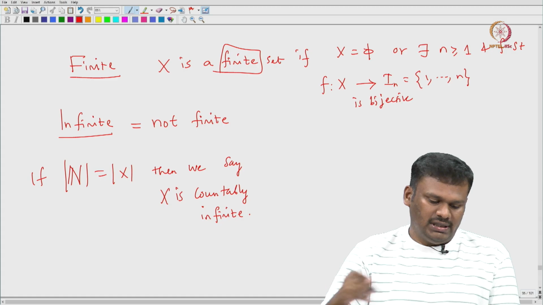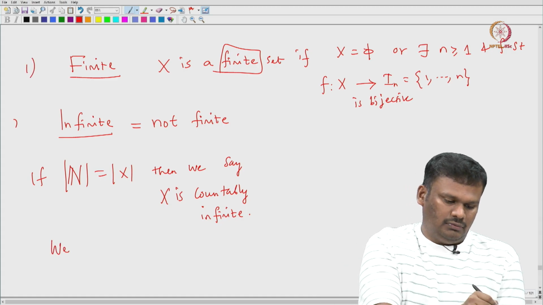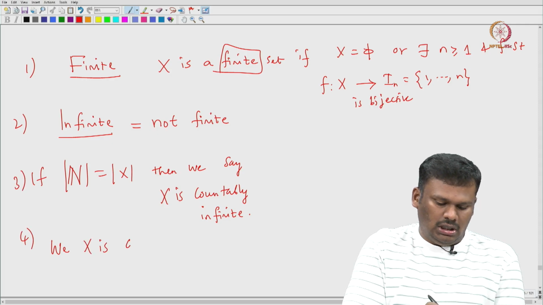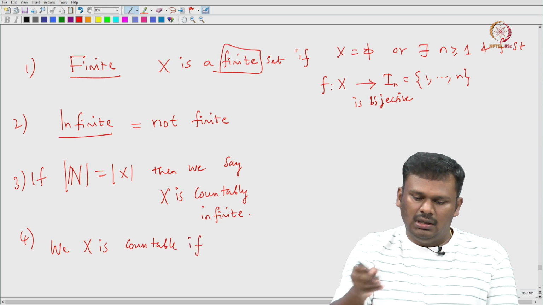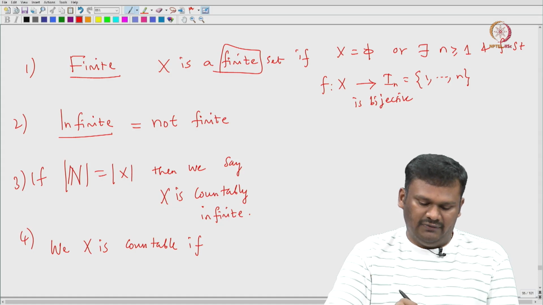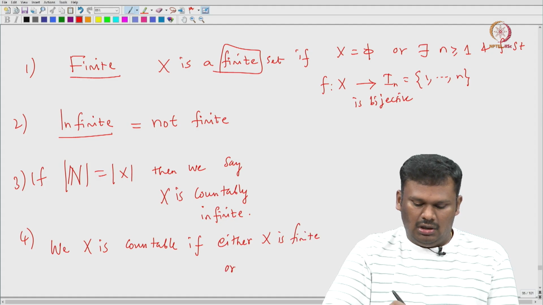So, broadly speaking, we say x is countable if either x is finite or countably infinite.